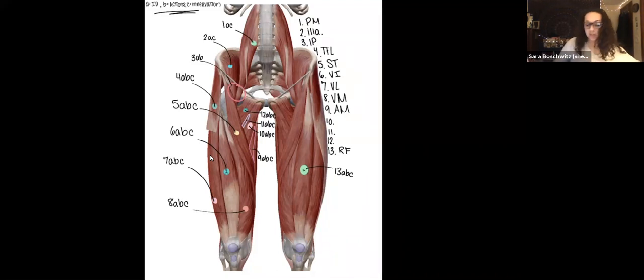Right now I'm just indicating Adductor Magnus, but this is going to be the adductor part up here. And the adductor part is going to flex the hip, while the hamstring part is going to extend the hip.